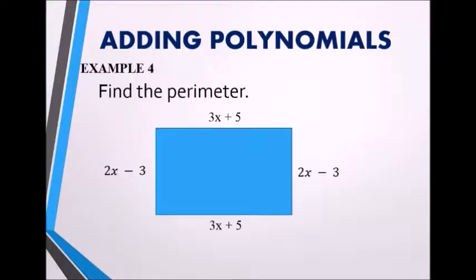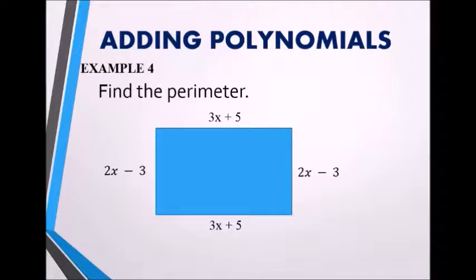So, let us put it in the context of problem solving. So, for example 4, find the perimeter of the given rectangle. So, instead of having numbers, we have algebraic expressions. So, pag mga ganito ang given, di ba?